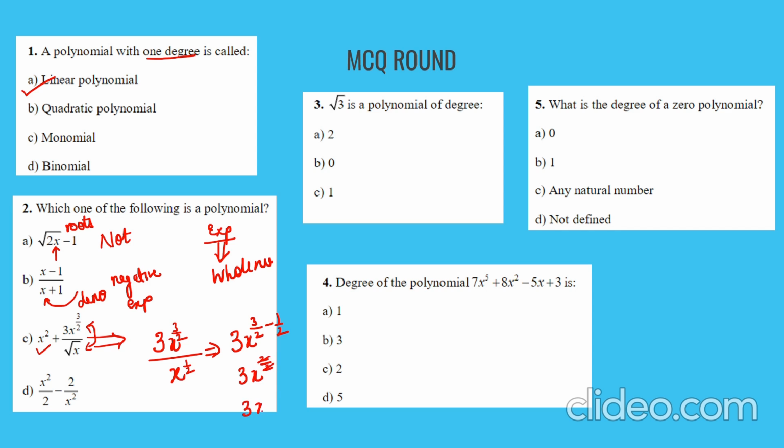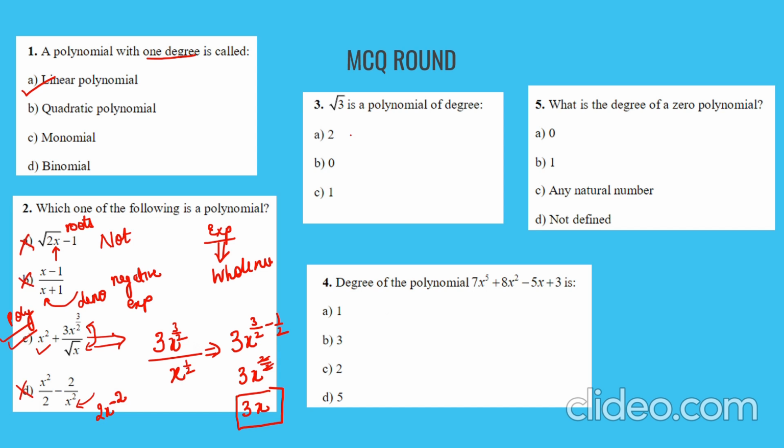Hence you will get 3x as a result, which means x square also has 2 as a whole number, and this 3x also has 1 as a whole number. Hence this is a polynomial. Check D part here also. If you solve it further, it will become 2x raised to the power minus 2, which means this is an integer. So this is not a polynomial.